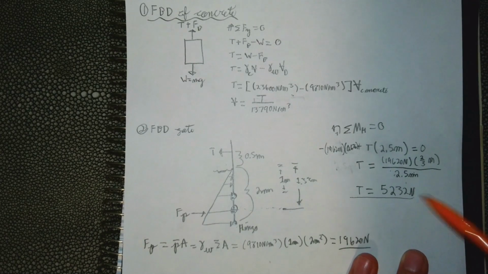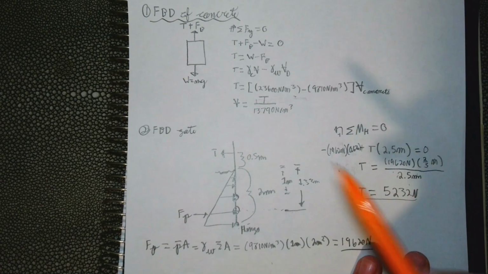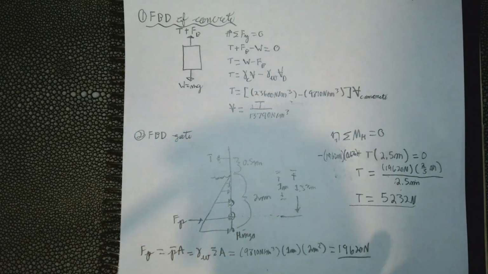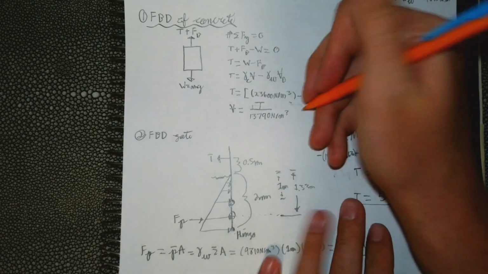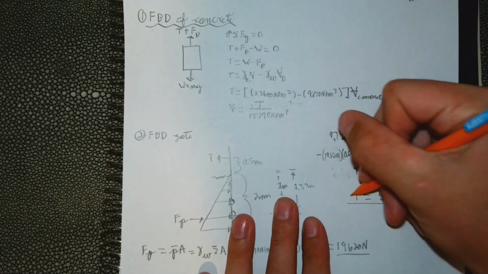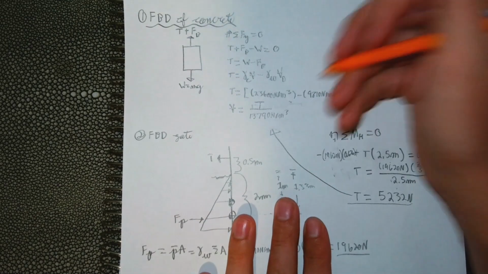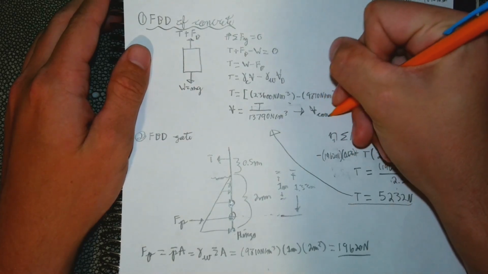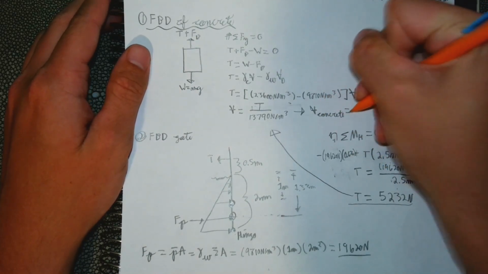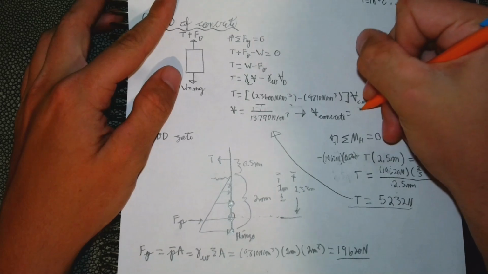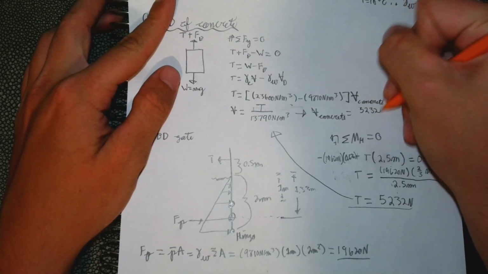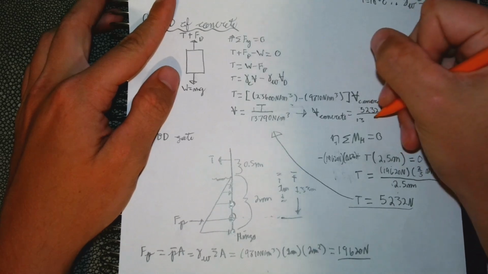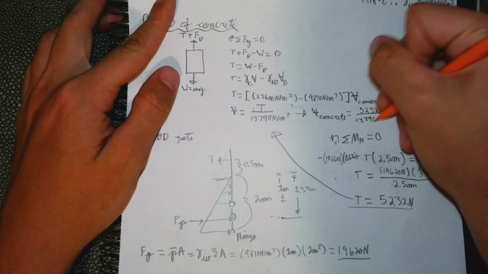So I found tension. Now that I found tension, I can plug it into this original equation that I found to find the volume of the concrete. So let's go ahead and plug that in. And then this volume of the concrete equals, this is the tension, I'm just filling it in, and this is the difference in specific weight here.